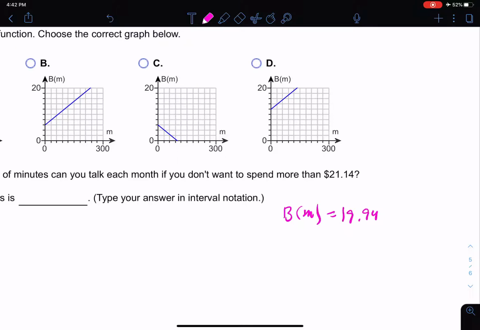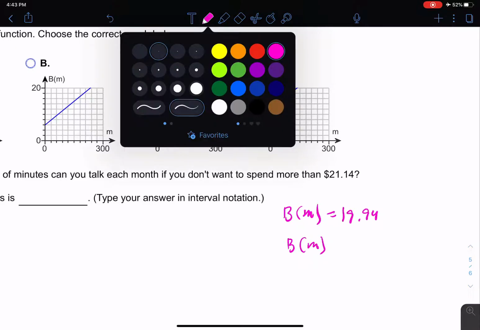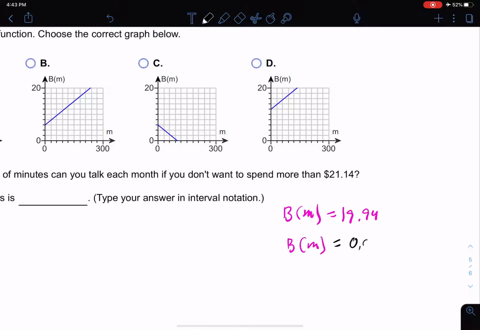And remember our formula was B of M equals 0.06 M plus 5.96. So you can see that we actually know what B of M is. We know it is $19.94. So we can substitute it in. Let me double check my numbers, 19.94, yeah.